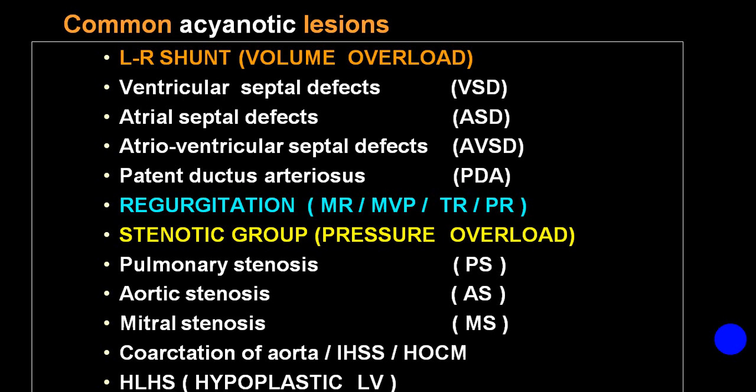You can put into left to right shunt with a volume overload. We have already mentioned VSD, ASD, PDA, and atrioventricular septal defects.